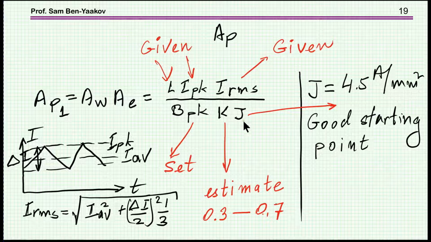And for J, we first set a number and then see what the wire losses are, and then readjust it if required. A good starting point will be like 4.5 amp per millimeter square, and from experience, this has been shown to be an average number that you'll eventually settle to.